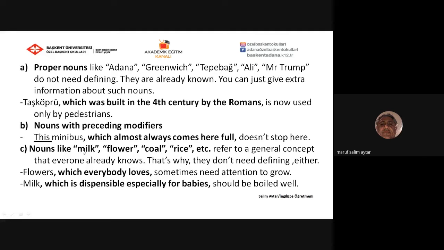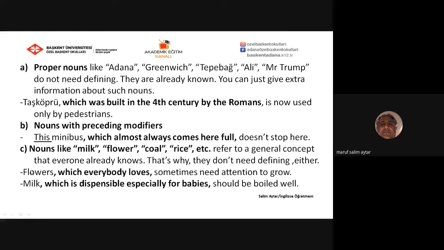A white substance that cows produce, right? When we talk about this concept, it doesn't need any definition. The same is valid for flowers. When we think of flowers in the wild, growing on their own, making us feel happy, we don't have to define them. Okay? Coal and rice are like this as well.